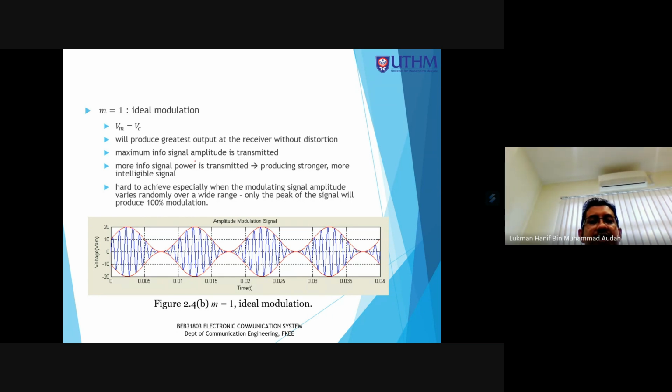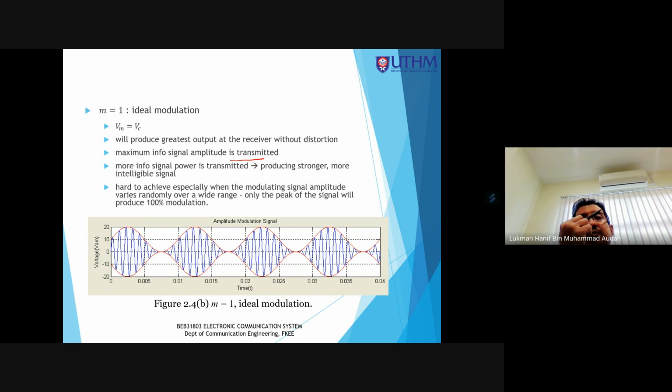Maximum info signal amplitude is transmitted, so more info signal power is transmitted, producing a stronger and more intelligible signal. This is a good scenario; a higher value of Vm is good actually.